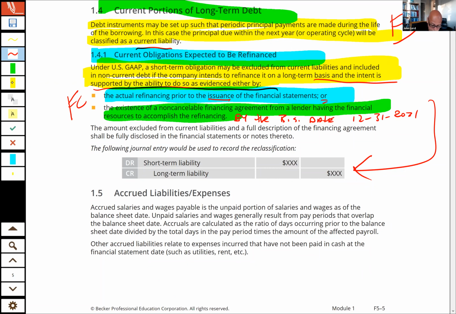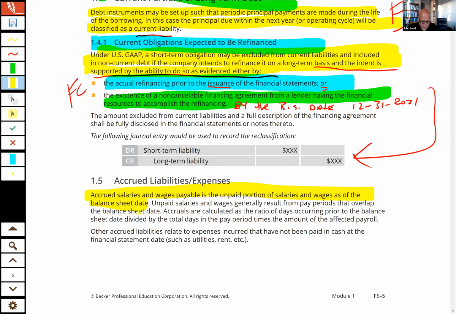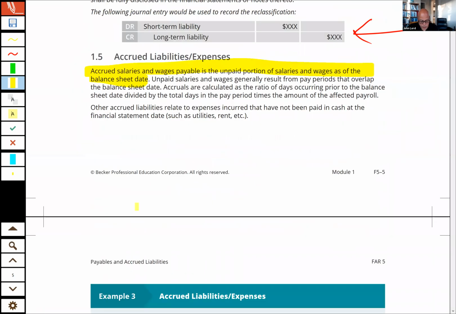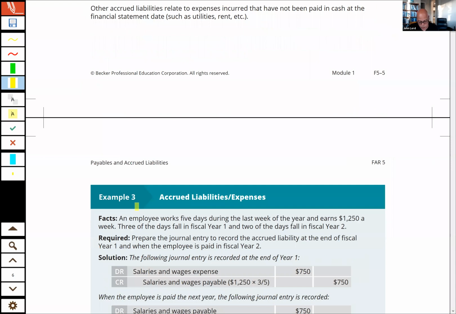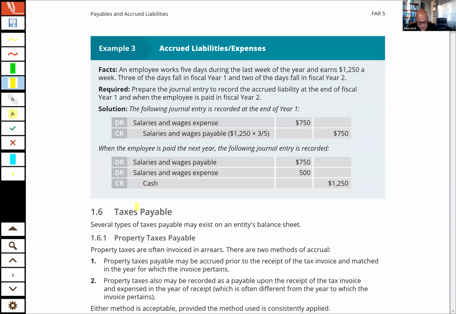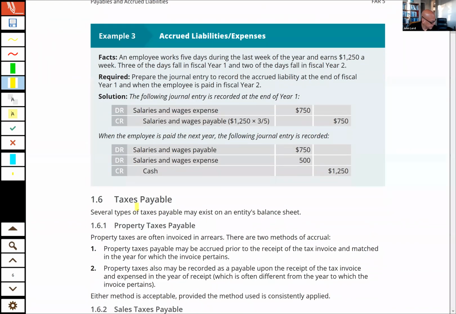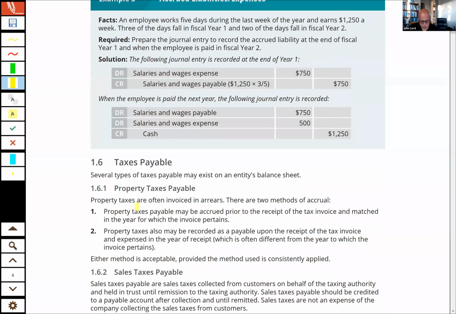Come over and let's just take a look at the accrued salaries, and those are those that haven't been paid, obviously, at the balance sheet date. Okay, so come over, and I'm not going to go through the journal entry to accrue salaries. We're going to look at another example in a second, but you debit the salary expense, you credit.